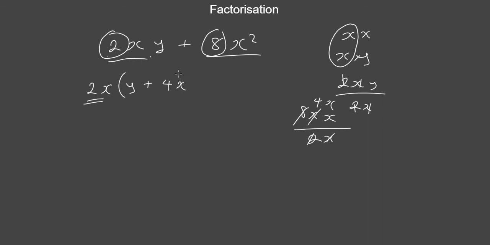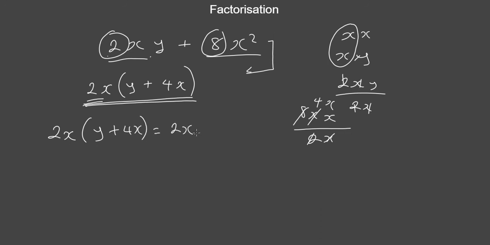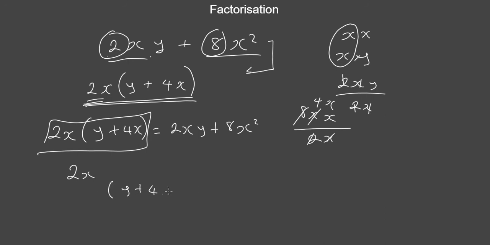So this expression has now been factorized into this. They are equal, so we can say 2x into bracket y plus 4x is equal to 2xy plus 8x squared. So these are the factors of this expression. The two factors are 2x and y plus 4x. That's how you factorize an algebraic expression.